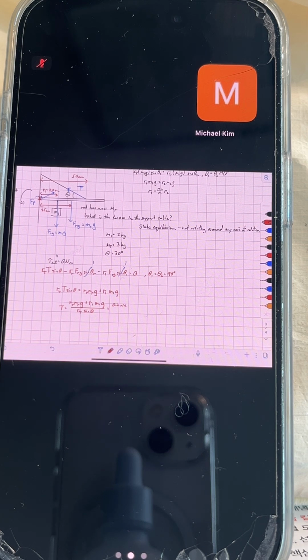Okay. So I've got 0.2 times 2 kilograms times 9.8 meters per second squared, plus, for my rod, I've got 0.35 meters times 3 kilograms times 9.8 meters per second squared.